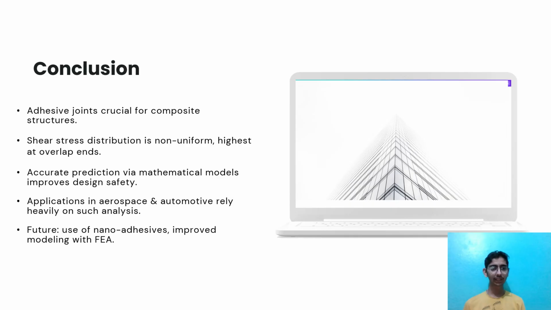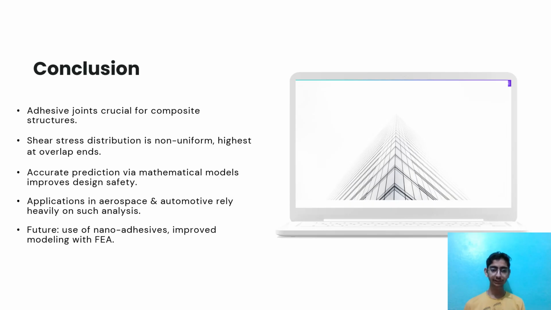So, conclusion. Adhesive joints are crucial for composite structures. Shear stress distribution is non-uniform, highest at the overlap ends, and accurate prediction via mathematical models improves design safety. It is also very important to calculate mathematically by making a mathematical model, which can improve design safety.